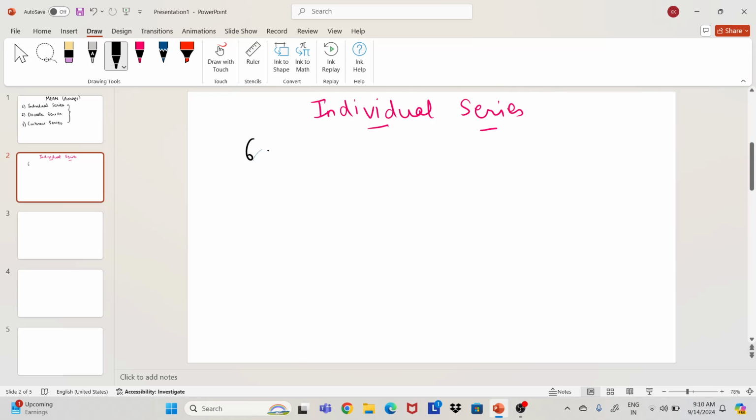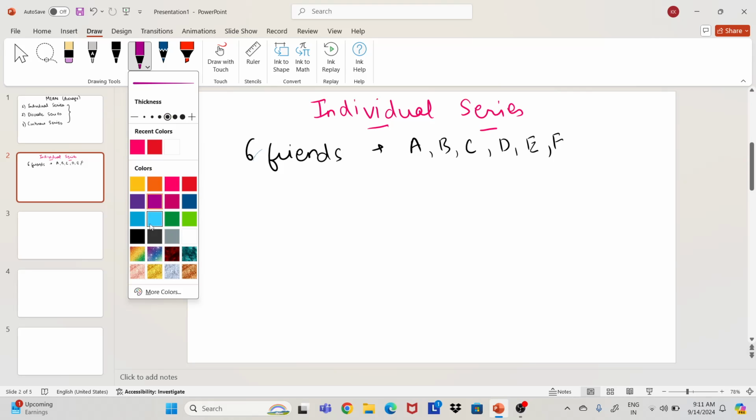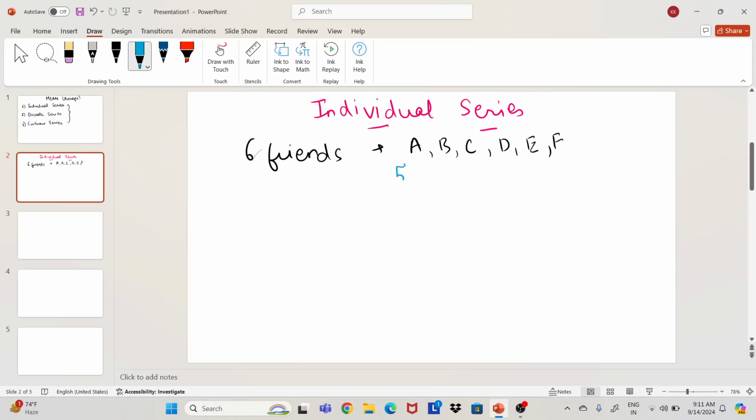Suppose you have six friends, which are A, B, C, D, E, and F, and I ask you to ask them their weight and give it to me. The responses you get are: the weight of A is 50 kgs, 80 for B, 40 for C, 30 for D, 20 for E, and 35 for F. So these are the different weights that you get from your six friends.